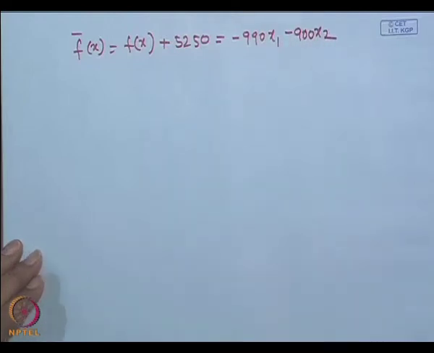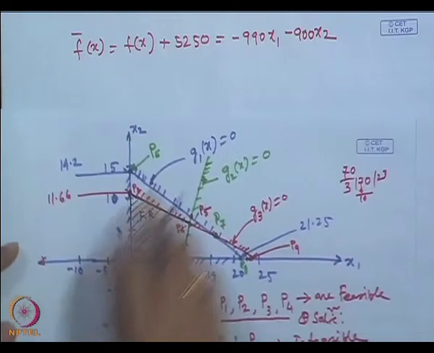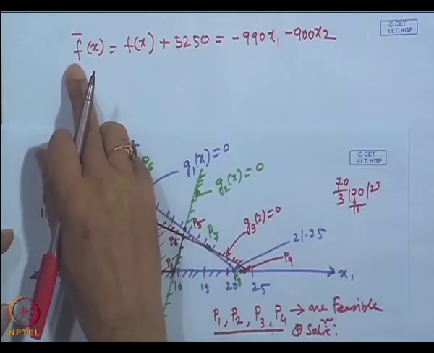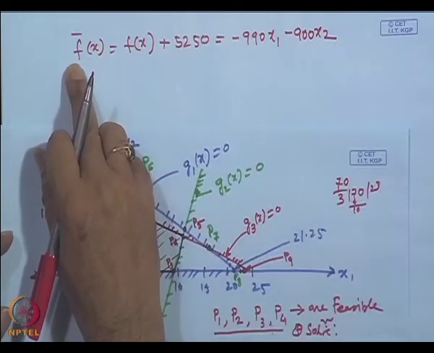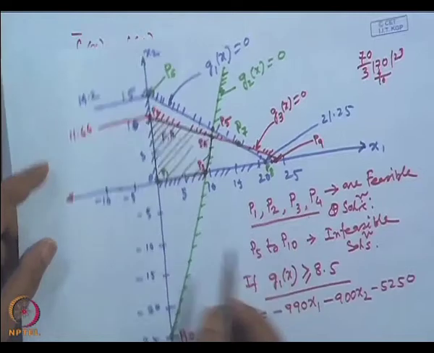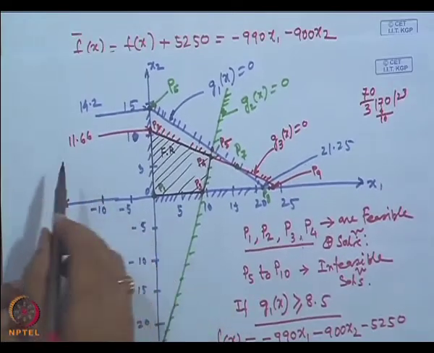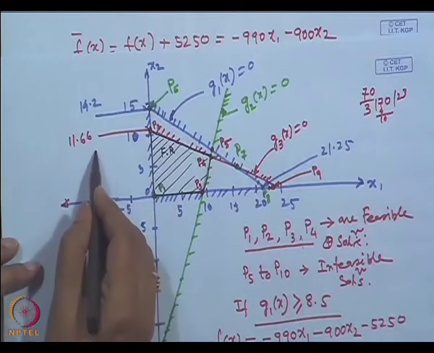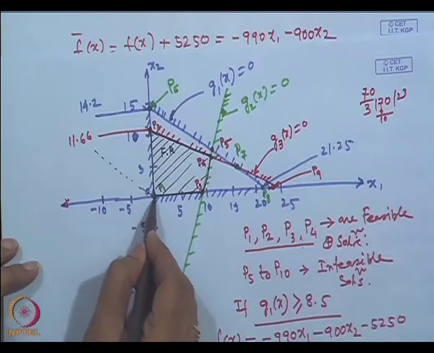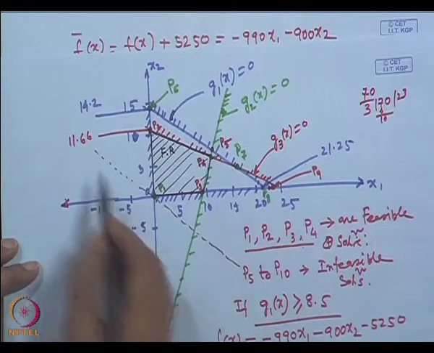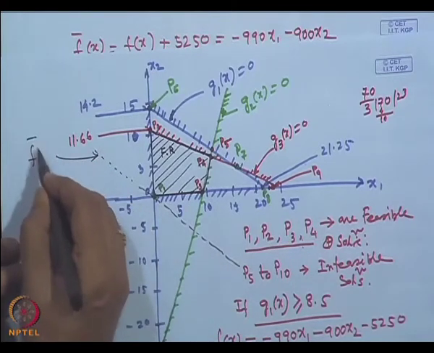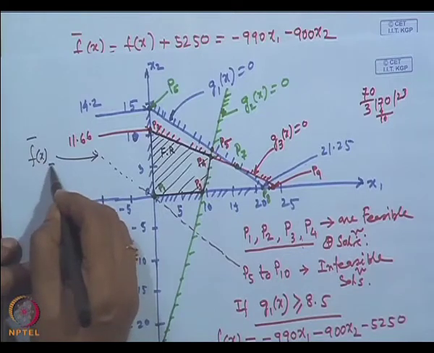So, graphically you see, when x 1 is 0 and x 2 is 0, the function value is 0. Agree? So, if you plot a line through the origin, this is f bar of x equal to 0.